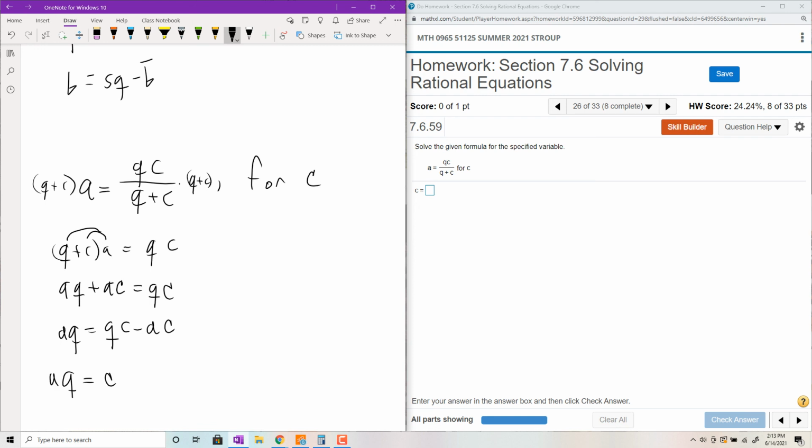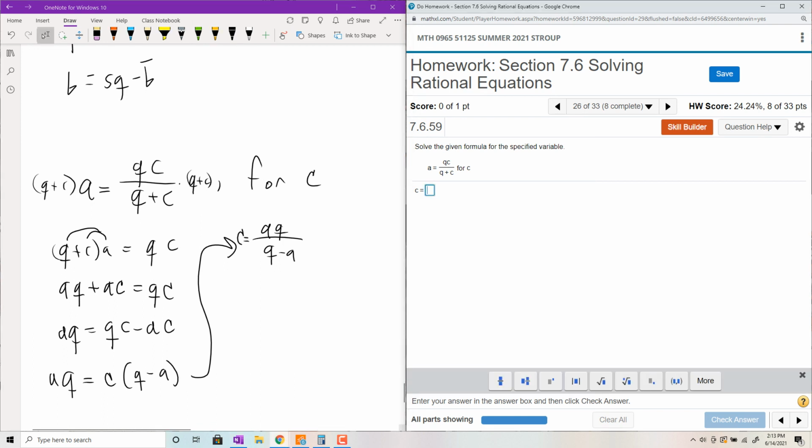I can factor C out here, and I got Q minus A, and then divide both sides by Q minus A. So I'll have AQ all over Q minus A equals C, or if you'd rather, C equals AQ over Q minus A. So a fraction of AQ all over Q minus A.